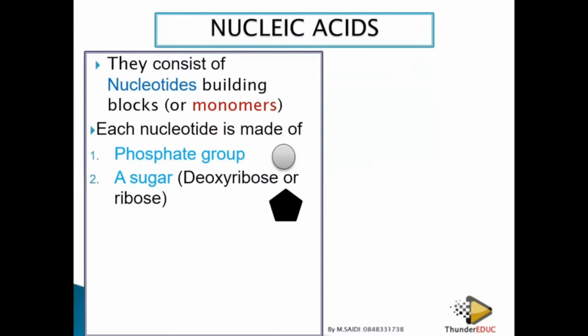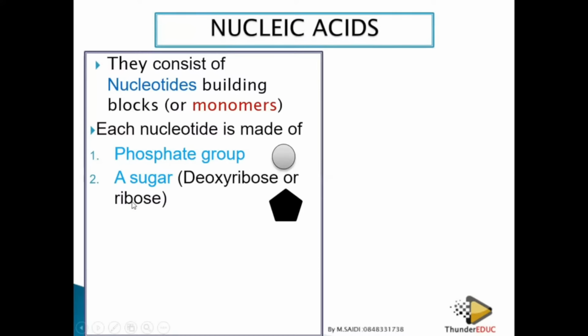"Ose" indicates a sugar, like glucose, maltose, ribose. But what is its name? Because of 5 sides, it's called a pentose, but its name is either deoxyribose or ribose.